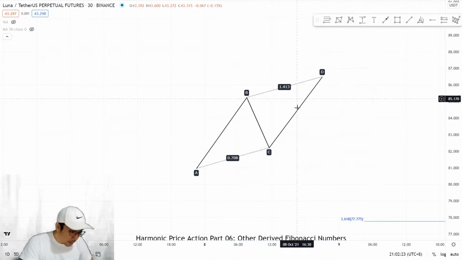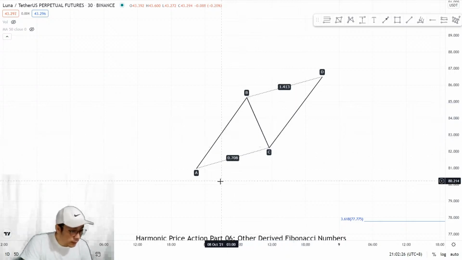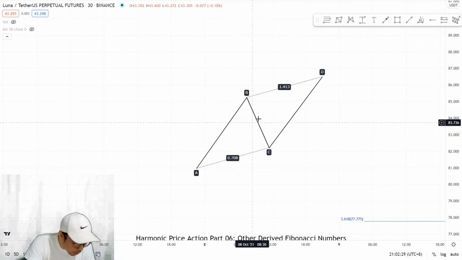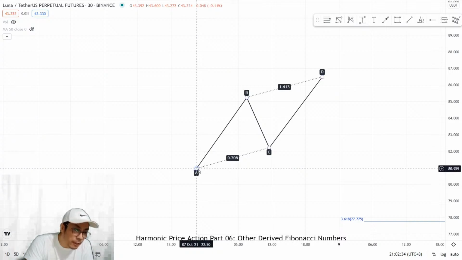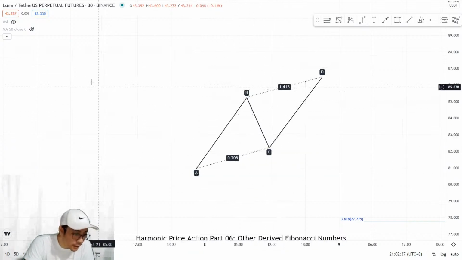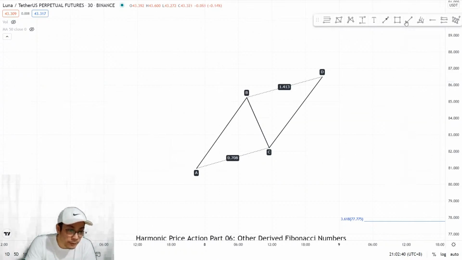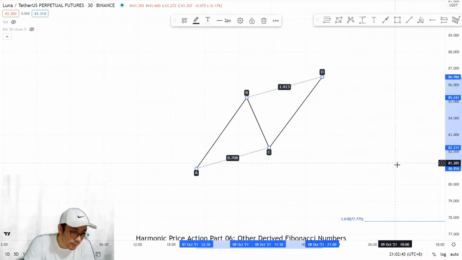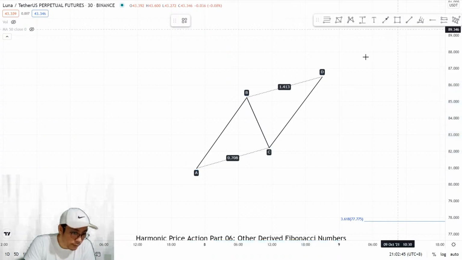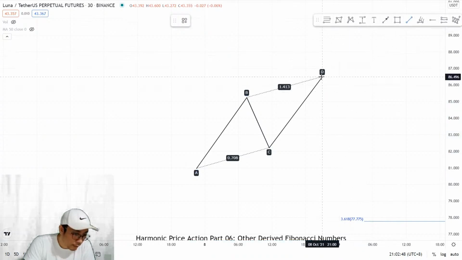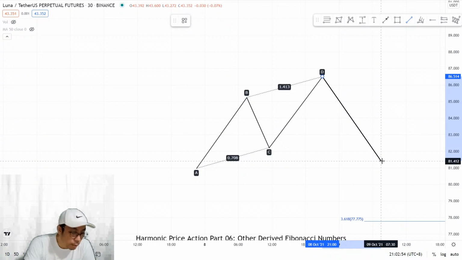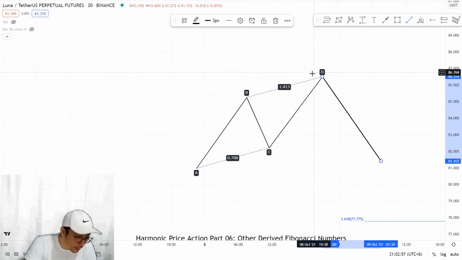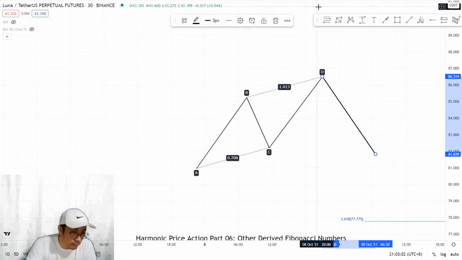If that's the case, what we're going to do is we'll have an extension, but this now becomes your X, then A, B, C, D. Instead of extending an impulse here, you will have an extension of an impulse here. And usually, once you have this one completed, your completion usually is up to 0.786.